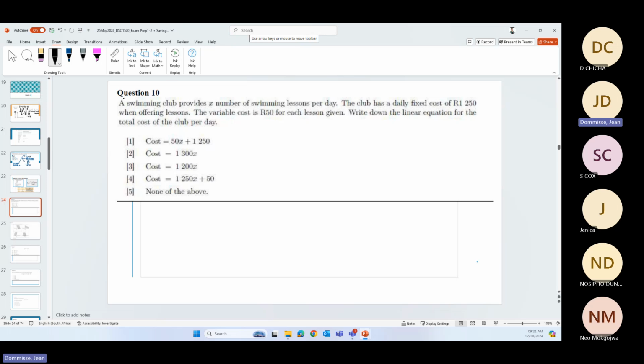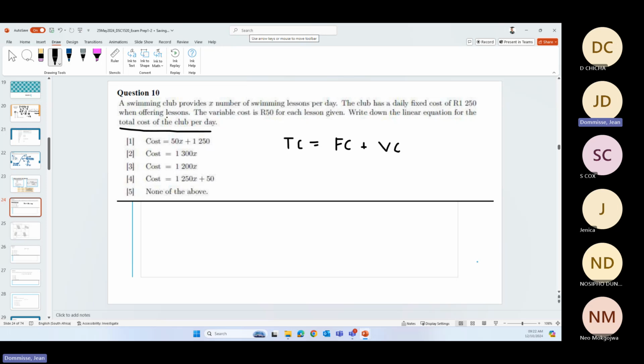So let's look at what they want us in the end. So here they say, write down the linear equation for the total cost. Okay, so we need to get to a total cost function. We know total cost is fixed cost plus variable cost. Okay, so let's see what they give us.